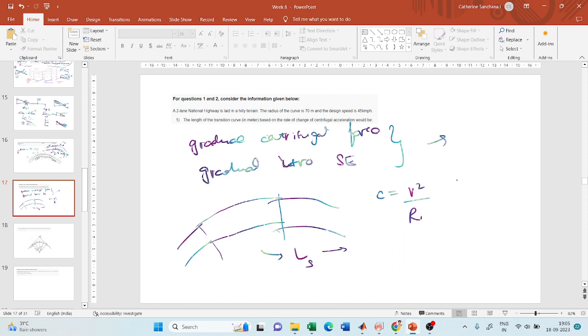If anything comes with the term rate of change, it means the variation of that quantity with time.